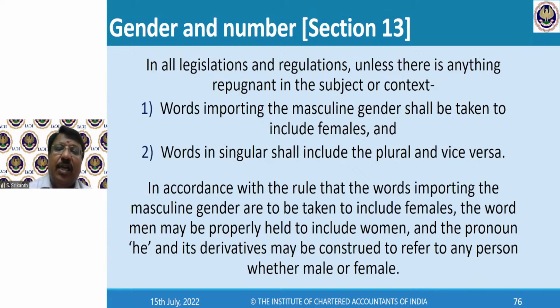So words in singular shall include plural, words in plural shall include singular, which means members includes member. You remember that we referred to this Section 13 of the General Clauses Act when we discussed quorum. We said where a meeting is adjourned for want of quorum, where within half an hour from the time appointed for the meeting the quorum is not present, then the meeting shall stand adjourned to the same time, same day, same place in the next week or a day fixed by the Board of Directors.